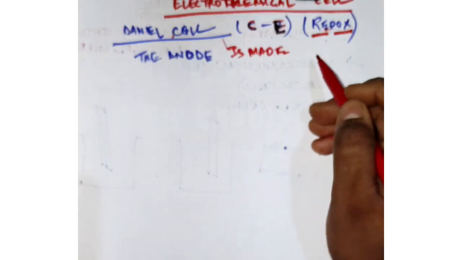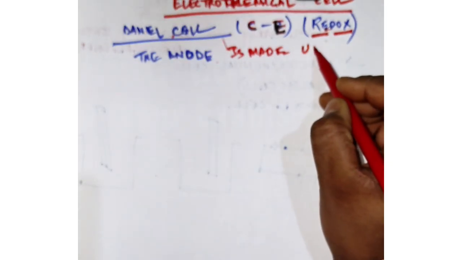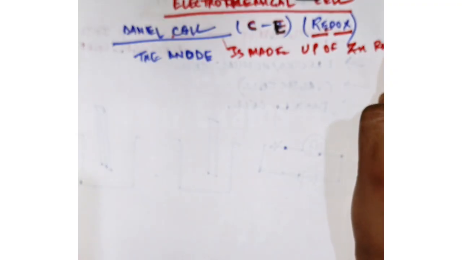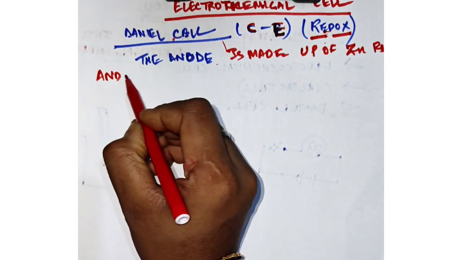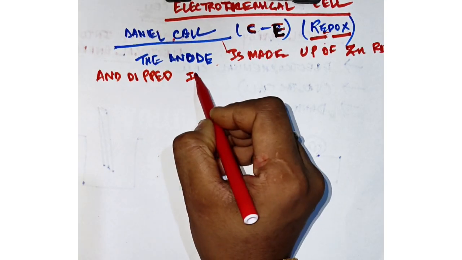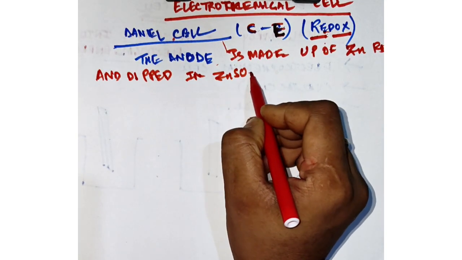The anode is made up of a zinc rod and it is dipped in ZnSO4 electrolyte.